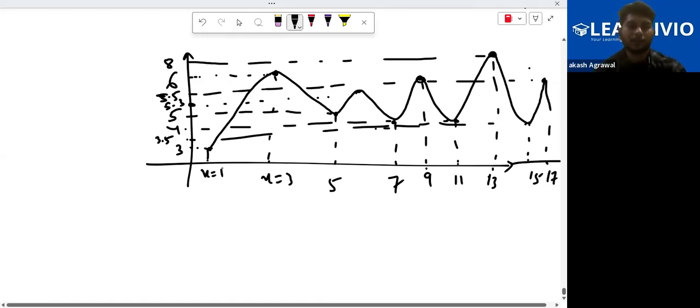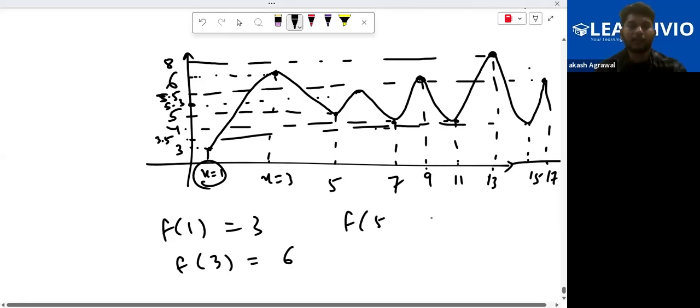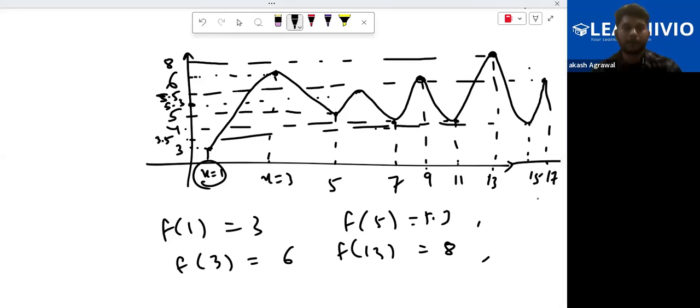So at x equals to 1, f of 1 is 3. F of 3 would be 6. F of 5 would be 5.3 and so on. F of 13 would be 8. All right. This thing is clear, what the graph is saying? Yes or no, everyone?